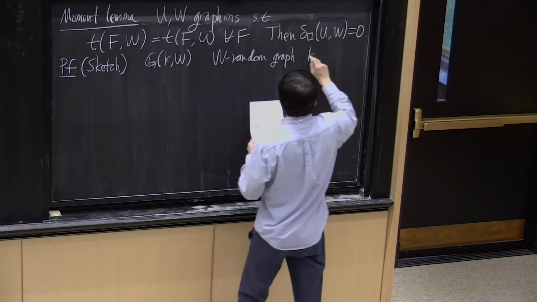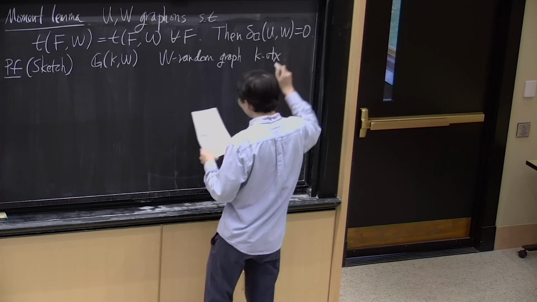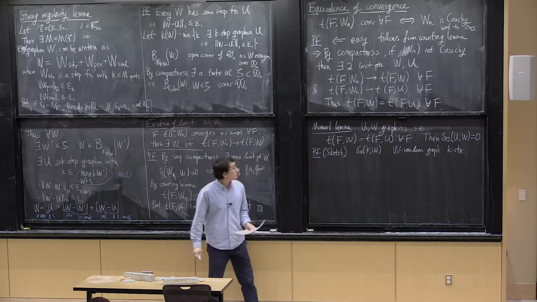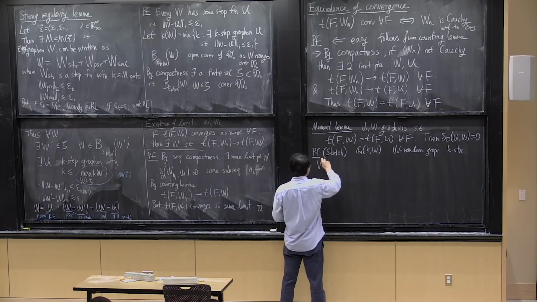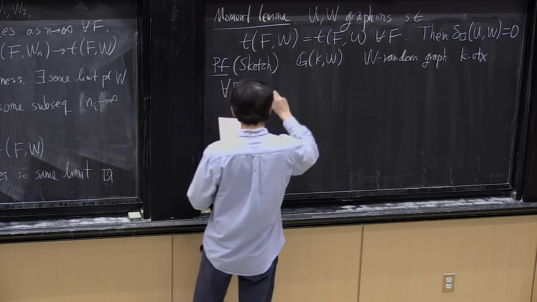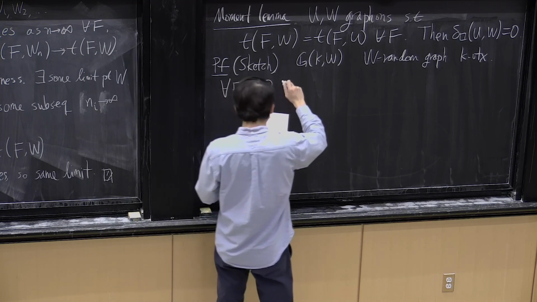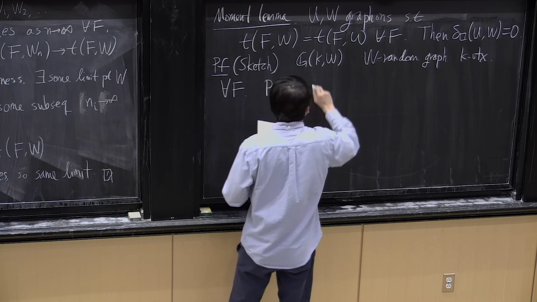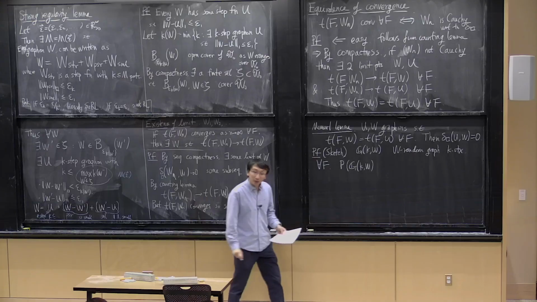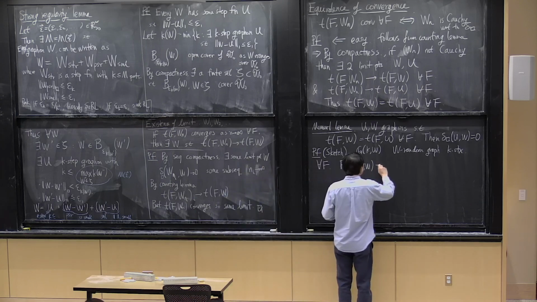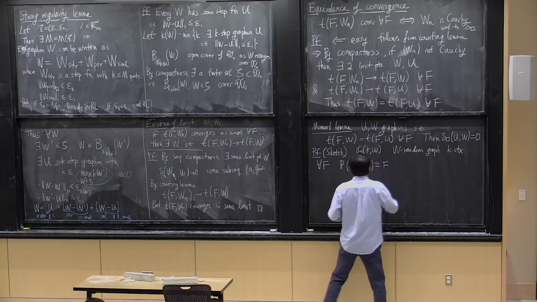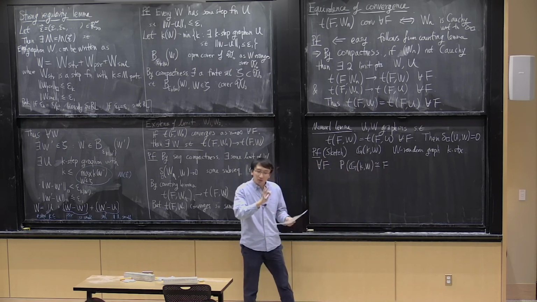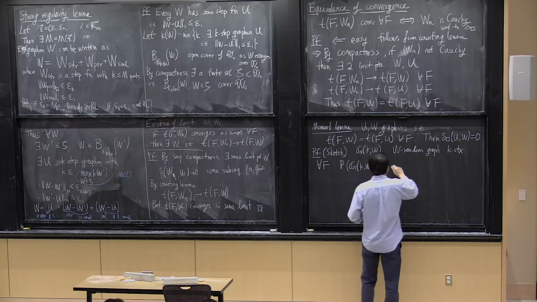So this is the W random graph with k vertices sampled using the graphon W. A key observation is that for every F, the probability that the sampled W random graph agrees with F, and here there's a bit of technicality, I want them to agree as labeled graphs.